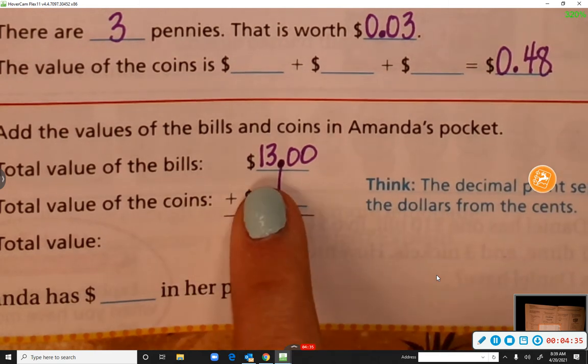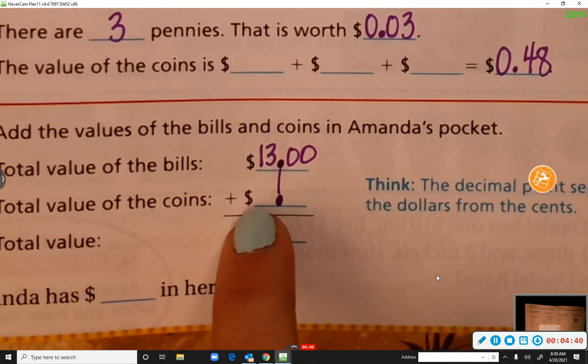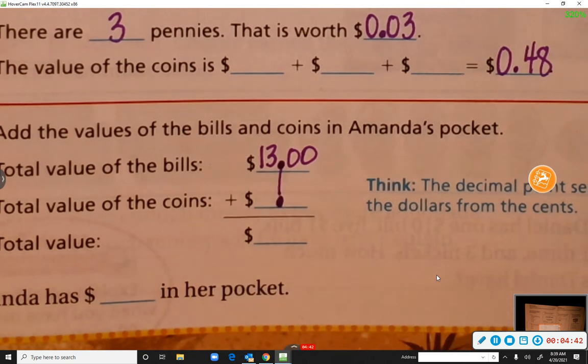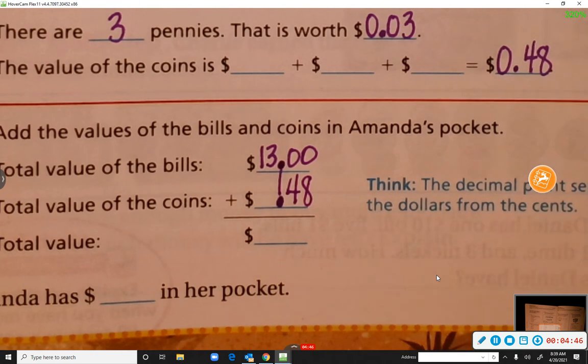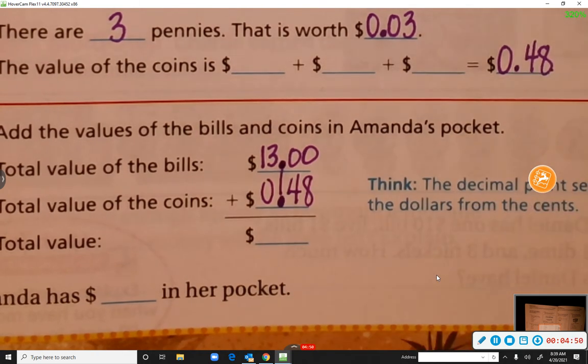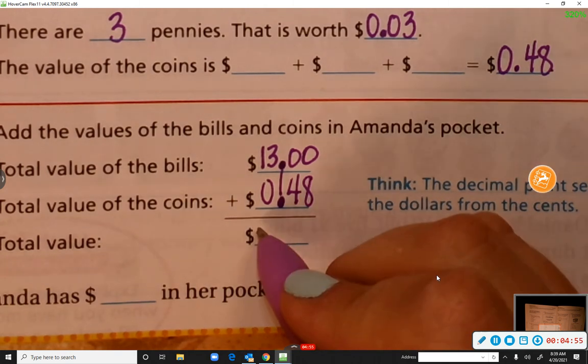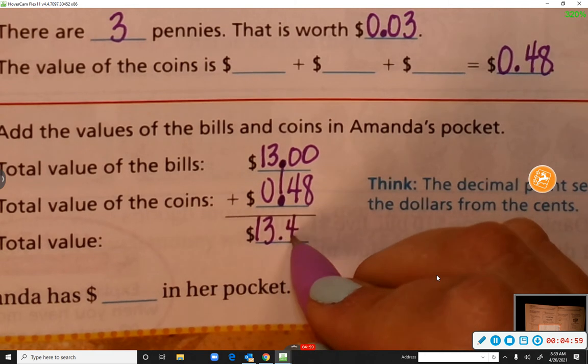I don't want to put 48 underneath the 13, right? Because it's not $48, it's 48 cents. So I need to make sure the 48 goes directly under the 2 zeros. Okay, $13 plus 48 cents would be what? $13.48. Good.